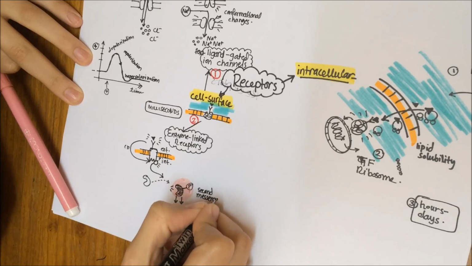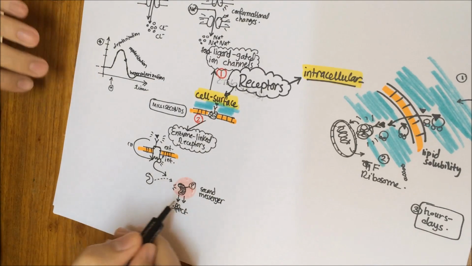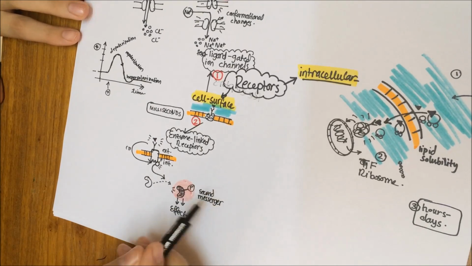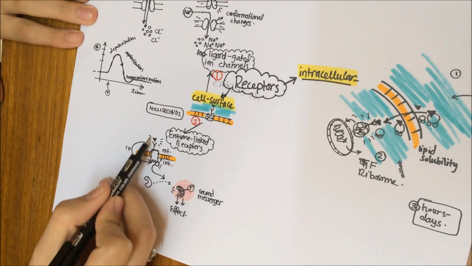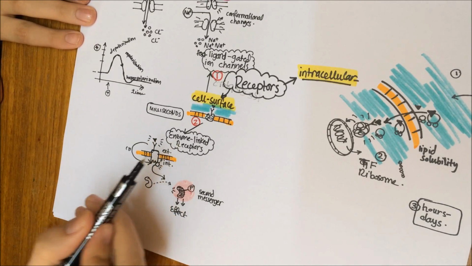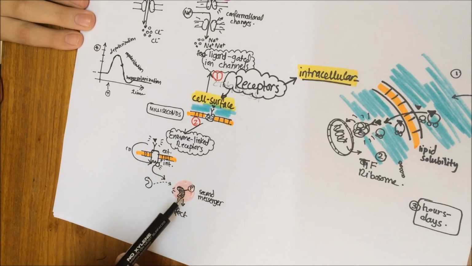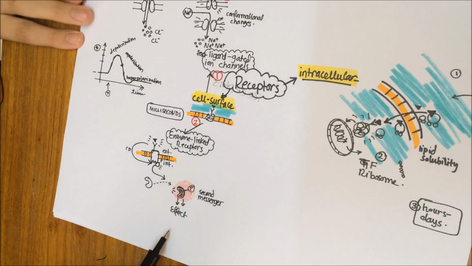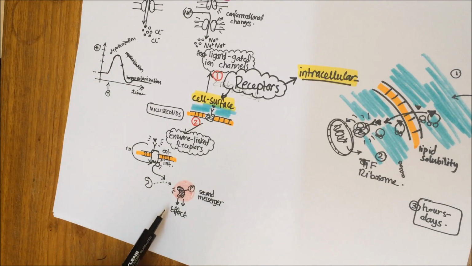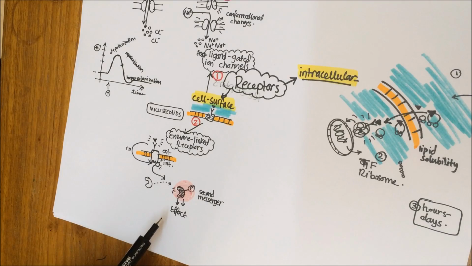Second messenger means that there is a messenger that takes the signal from the first one, which is the ligand, and carries a certain message, a certain signal. This signal will be transmitted and reach the second messenger, and the second messenger will take the ride and go and make the certain effect.